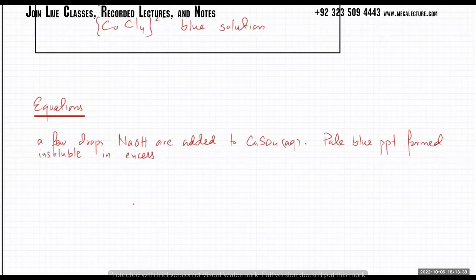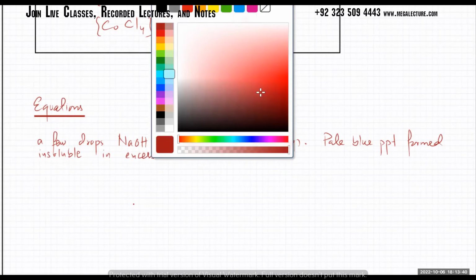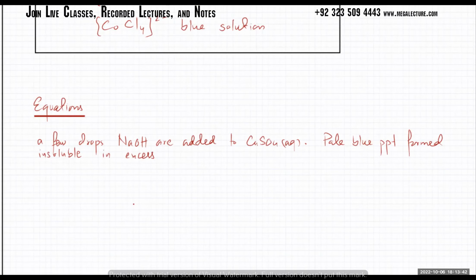So copper sulfate aqueous is this thing. Copper sulfate aqueous is copper surrounded by 6 water molecules. And the overall charge on this thing is +2. When you add OH ions, some of the water molecules get replaced by OH ions.